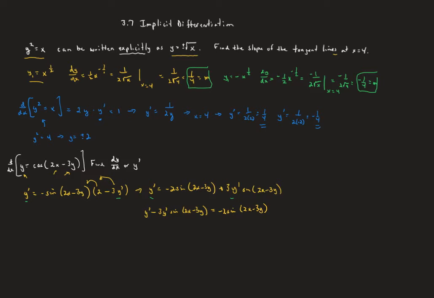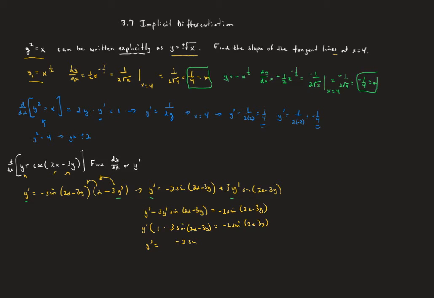So finally now on the left side we can factor out that y prime, leaving the 1 minus 3 sine of 2x minus 3y, still equal to that other stuff. And then we can divide to solve for the y prime.